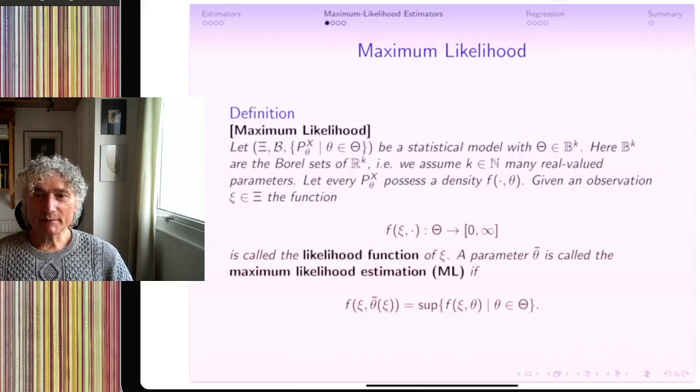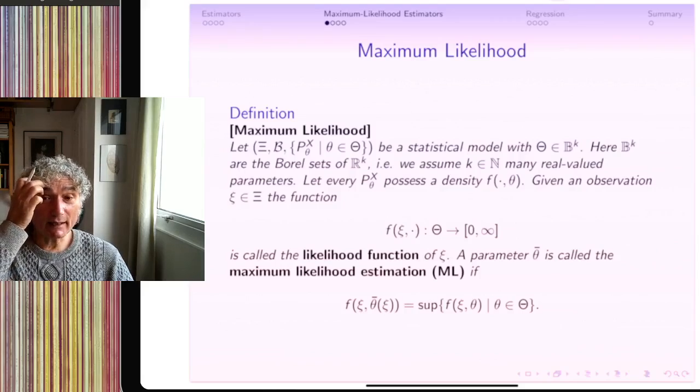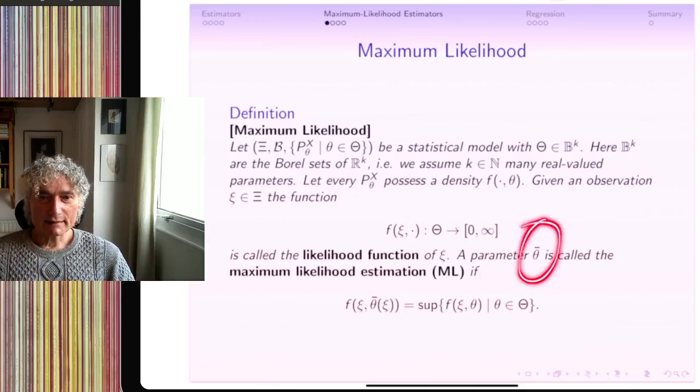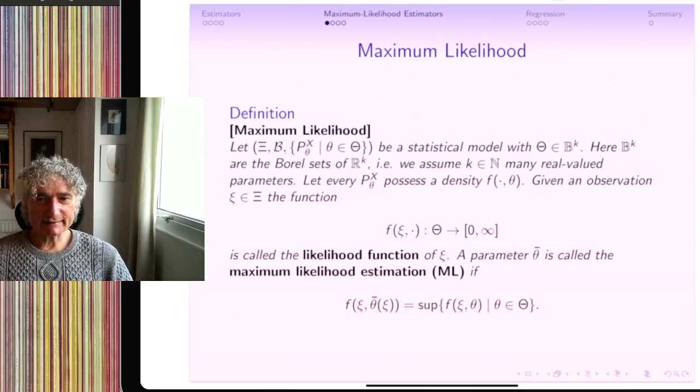And then a parameter theta bar is called the maximum likelihood estimation, which we often abbreviate with ML, if you have the condition that f of xi, theta bar is the supremum of this density f of xi, theta, where you vary theta in the parameter space capital Theta.